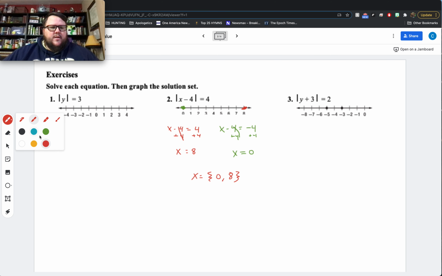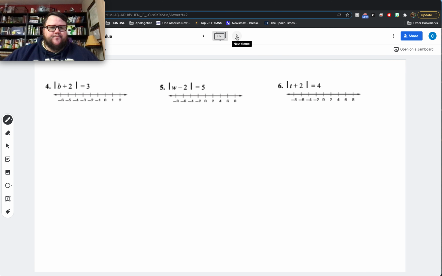Let's see this one: the absolute value of y plus 3 equals 2. I'll set up the equation for you, but you can finish it. Y plus 3 equals positive 2, and y plus 3 equals negative 2. Then you solve both equations and plot it.